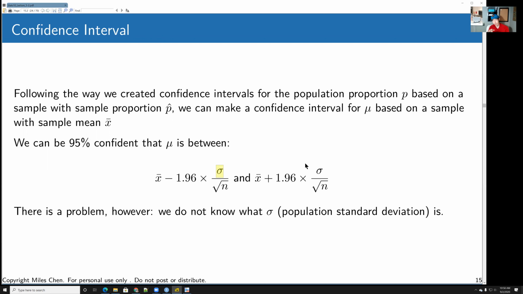We don't know what the mean of the population is, and we're trying to create a confidence interval about it. I can't think of a situation where you don't know the mean of the population, but you do know the standard deviation of the population, which is what sigma is. And so we don't know what the standard deviation of the population is.